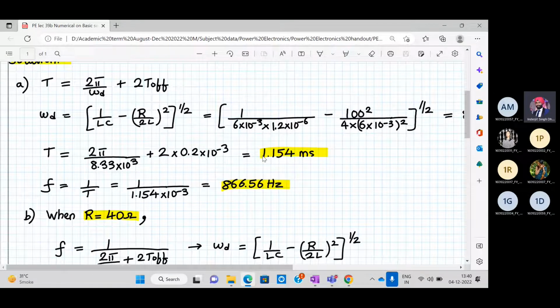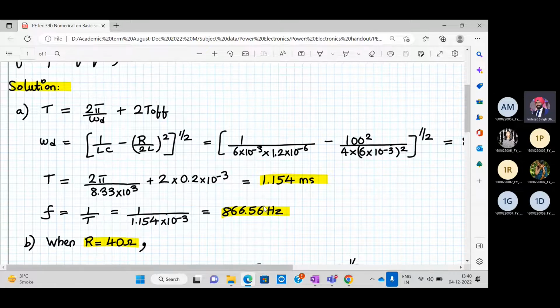T will be coming around 1.154 milliseconds, and 1 upon that will give you around 866 hertz. The inverter frequency is 866 hertz. Is this the value you are getting?